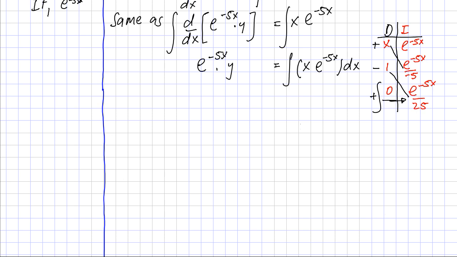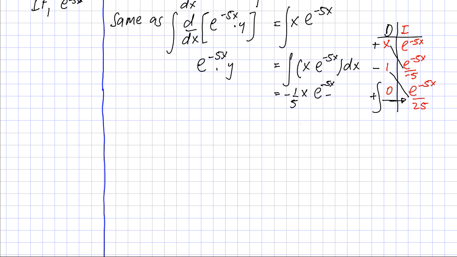So let's see. The first part is going to be negative 1 over 5 times x, times again e exponent minus 5x.